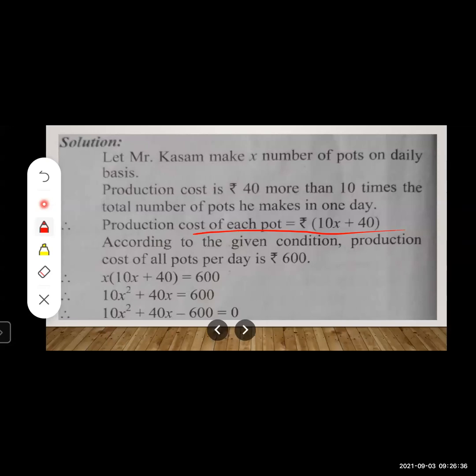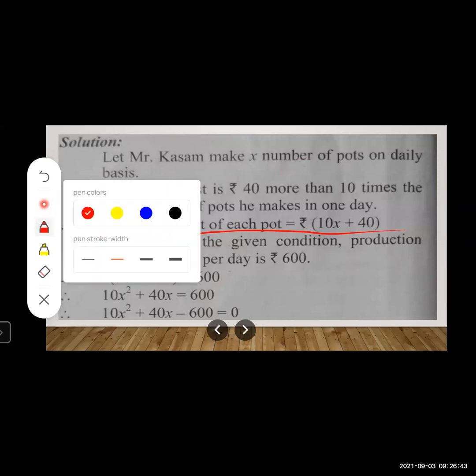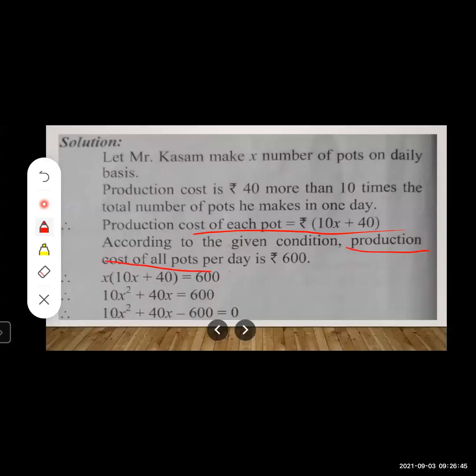Okay, now what will be the next condition given over here? Production cost of all pots per day is 600. We know the production cost of each pot. But what is given in this condition? Production cost of all pots per day is 600. We know the production cost of each pot and we know the number of pots he makes every day.